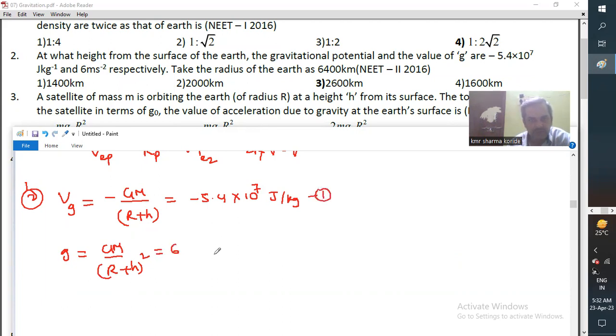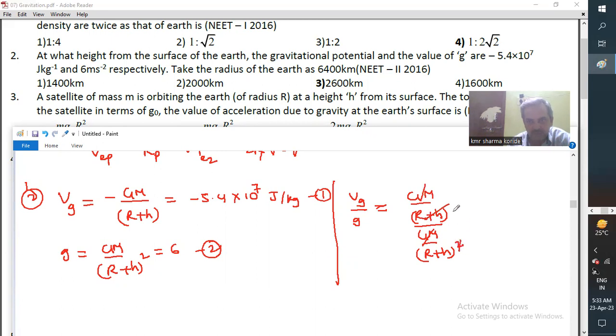Call this equation 1 and this equation 2, and you divide them. Vg by g: GM by R plus h divided by GM by R plus h whole square. GM gets cancelled, one R plus h gets cancelled, so it will be R plus h.